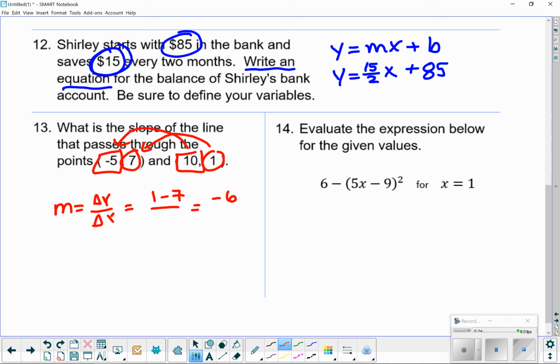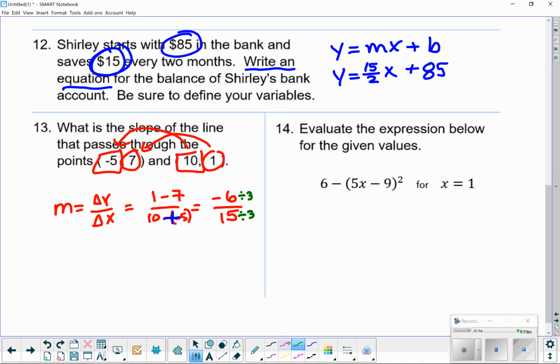And notice how I'm saying that. The 10 take away the -5. There is a double negative in there somewhere. 10 take away -5, double negative means it's 10 plus 5, which is going to give you 15. Okay, you can leave it like that, or you might notice that 6 and 15 have a common divisor, something that they can both divide by, which is 3.